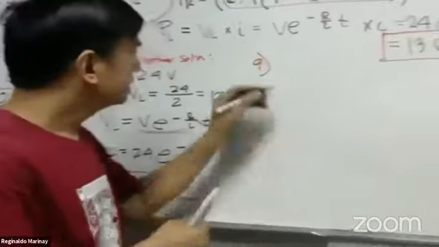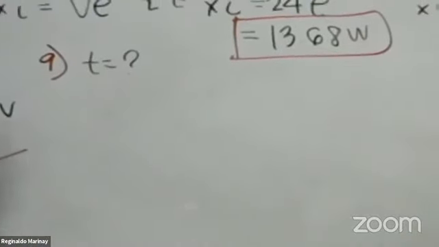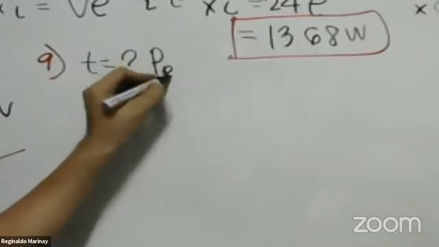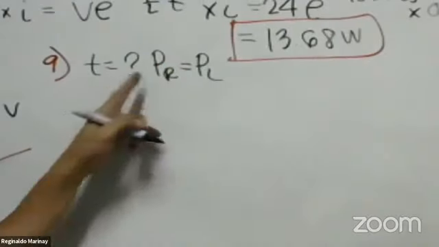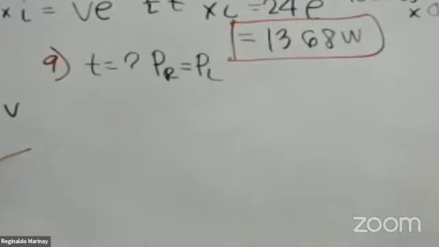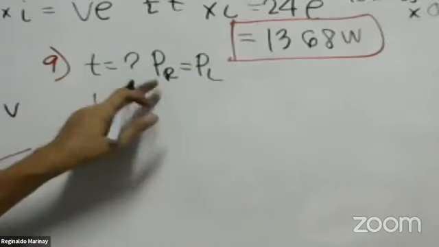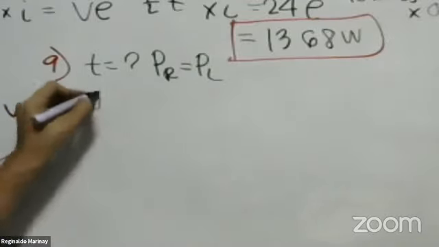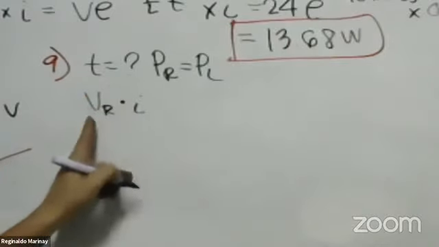Number 9, the question is the time when PR is equal to PL. What is the answer? I will not show you the solution in the book. That's too long. Let's make it simple. Our PR is simply equal to BR times I, because power is BI.